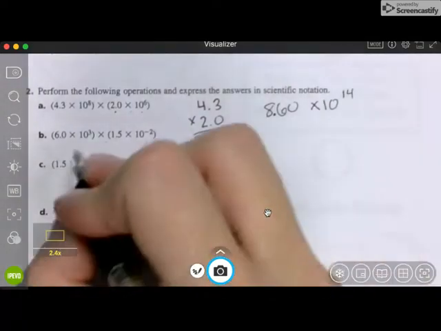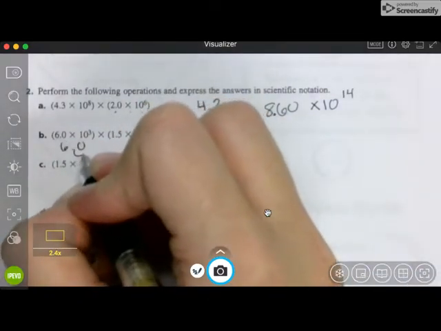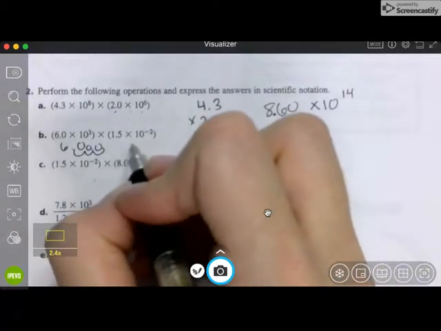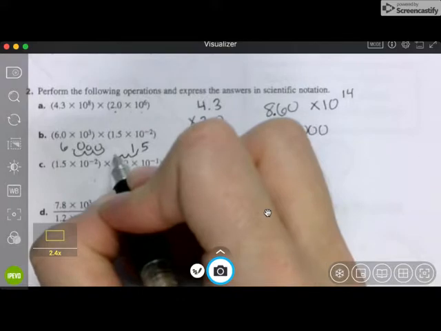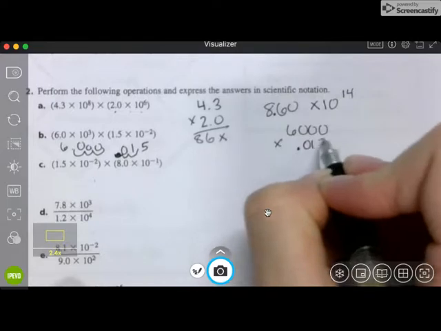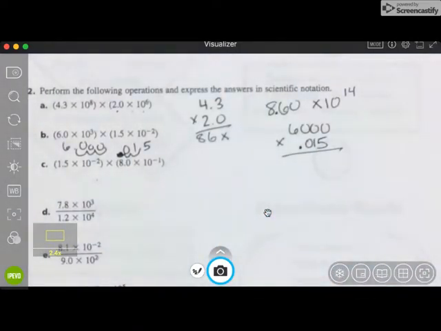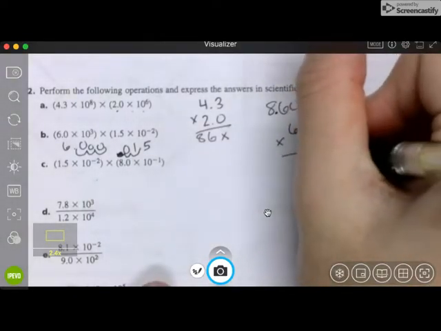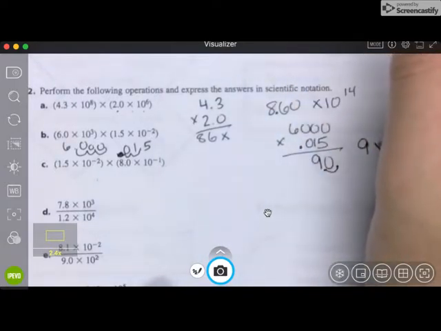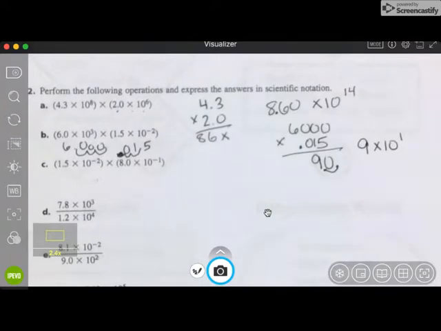Or again, you could do this as 6,000 times, oopsies, it's only 2 places, my bad, 0.015, which equals 90. And I would just move that here. And that'd be 9 times 10 to the first. Okay? It's all about your preference.